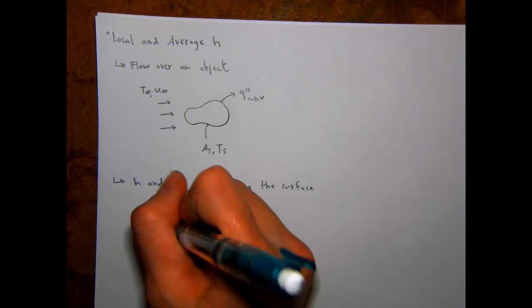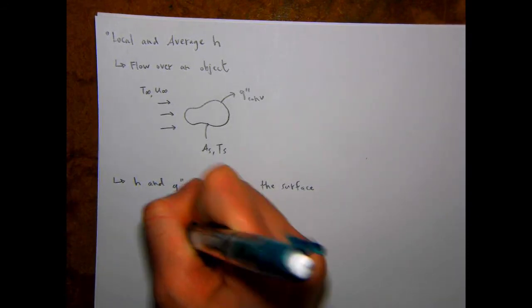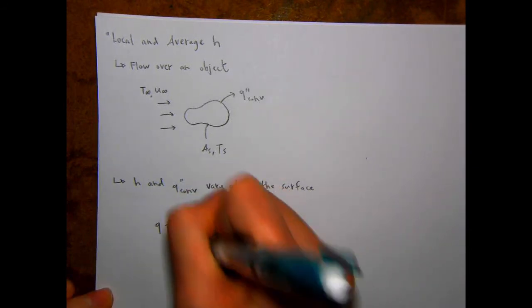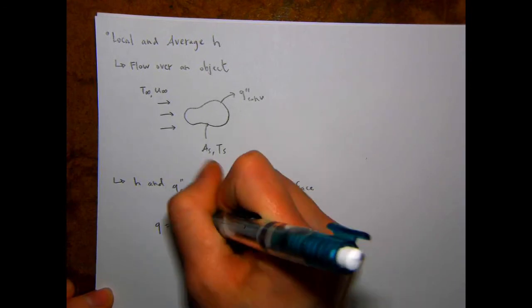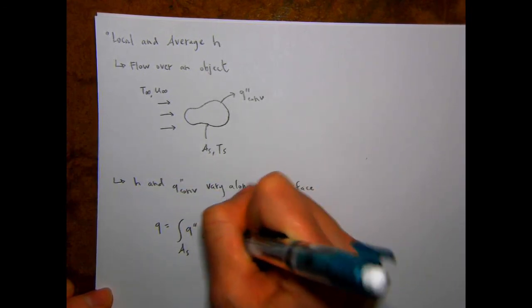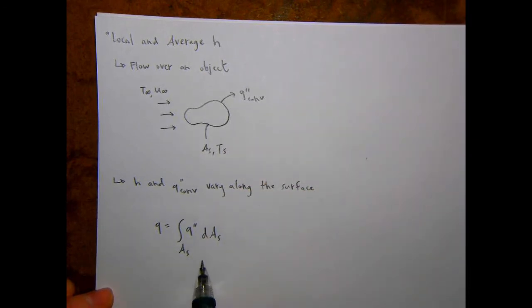So if we want to know the total heat transfer rate, instead of just multiplying the flux times the total area, we have to integrate it, because now the flux varies along the surface.